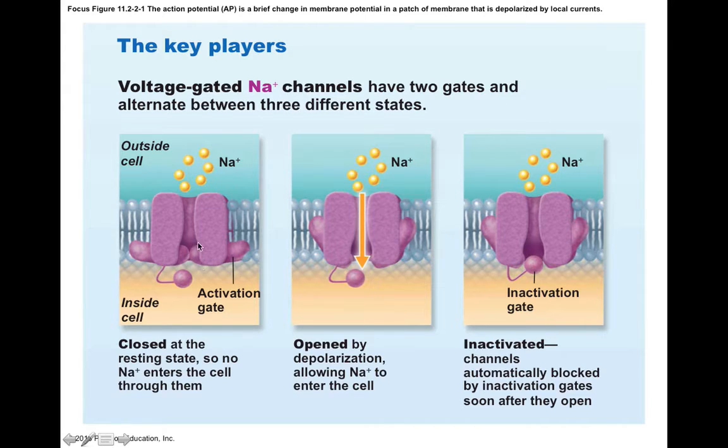However, the activation gates still block this channel. If there's enough depolarization, sodium flows in and depolarizes the inside of the cell. But after a certain amount of time, the inactivation gate closes this channel and prevents further sodium from rushing in. Now, at a certain voltage, these activation gates reset, and the inactivation gate also resets.